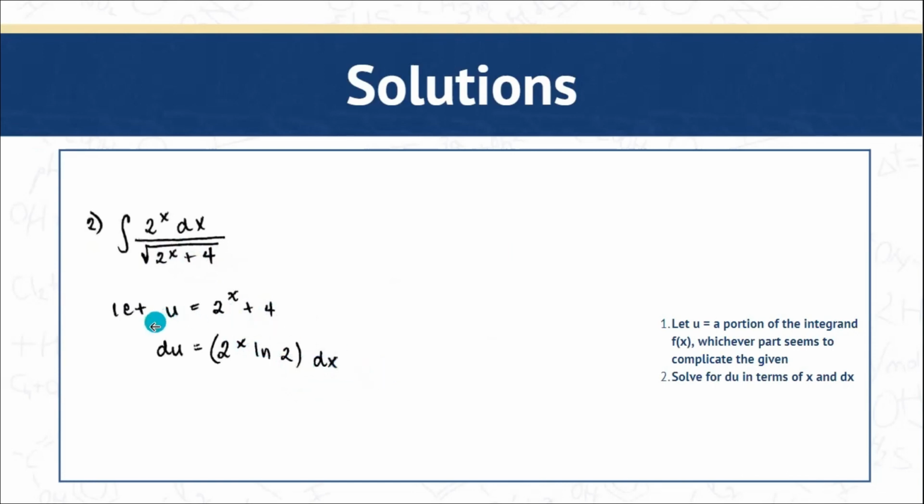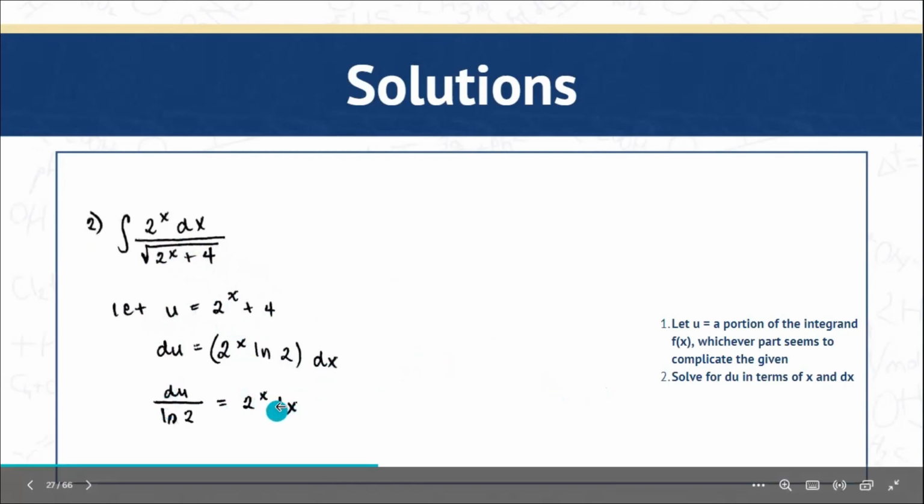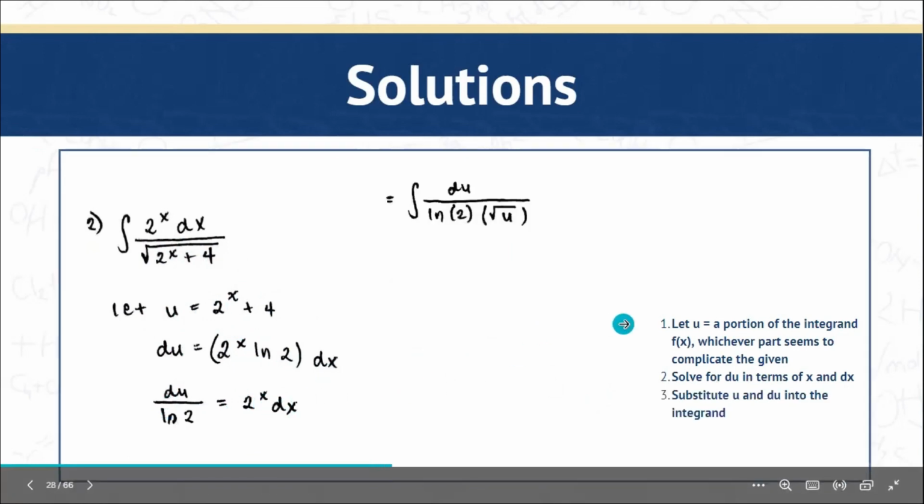And this is one of the formulas that we have in the formula sheet, taking the derivative of a constant raised to x. And then simplifying this, du over ln 2 would be equal to 2 raised to x dx.